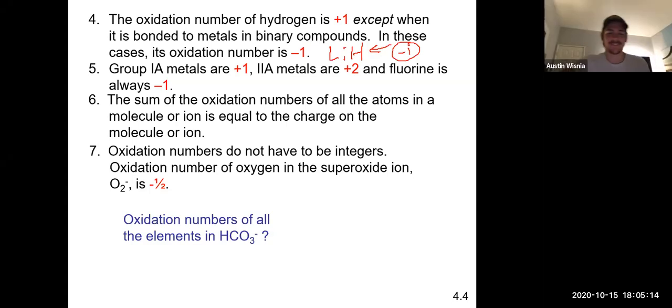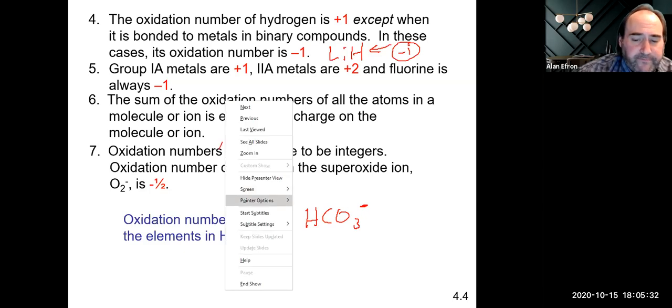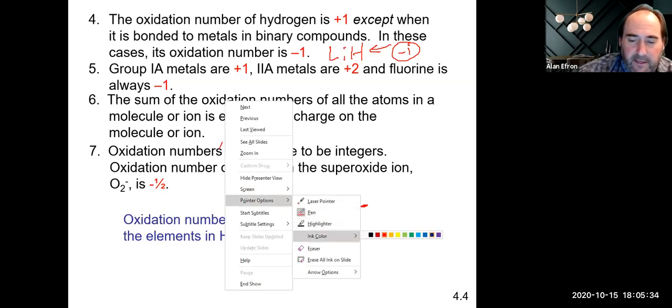All right, so we've got HCO3-. Let's take a look at how we would approach this. If there's oxygen involved, we want to start with oxygen.